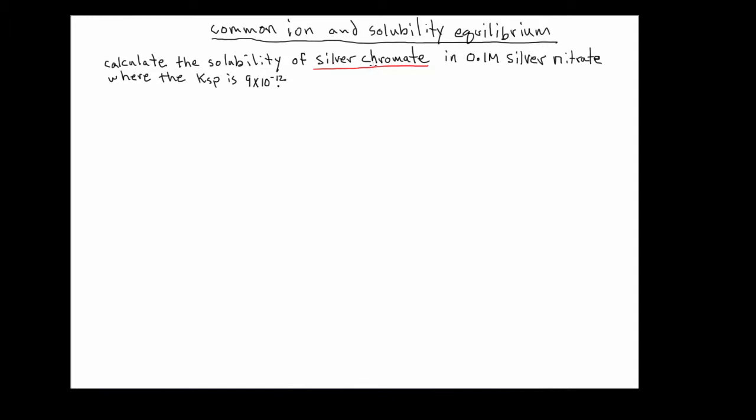So silver chromate. The chromate ion is CrO4 minus 2, and silver ion is part of what I call the triad, which includes silver Ag plus 1, zinc plus 2, and aluminum Al plus 3. So the silver is Ag plus.